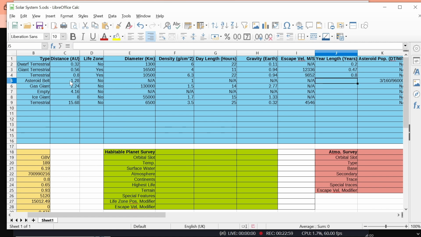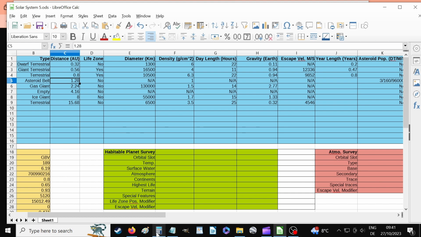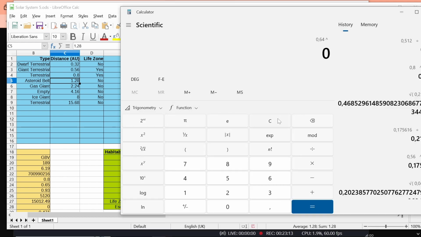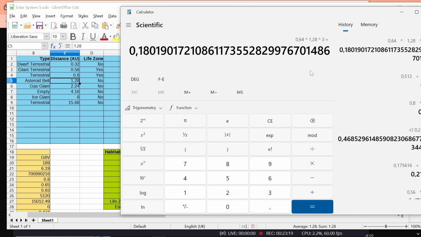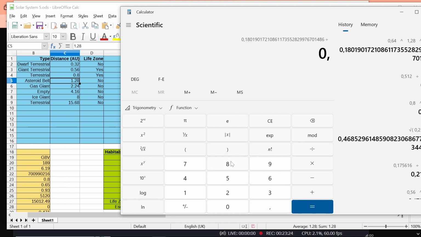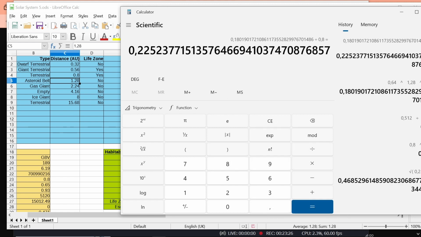For the asteroid belt, we can do it as well. How long does the whole asteroid belt take to go around one time? So our distance is going to be 1.28. 1.28 to the power of 3 gives us this. Divide that by 0.8, giving us this, and we simply take the square root, which is 0.474.